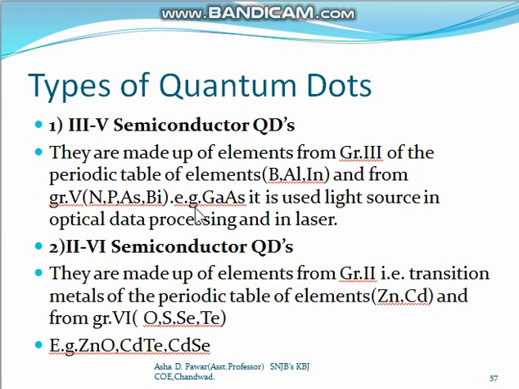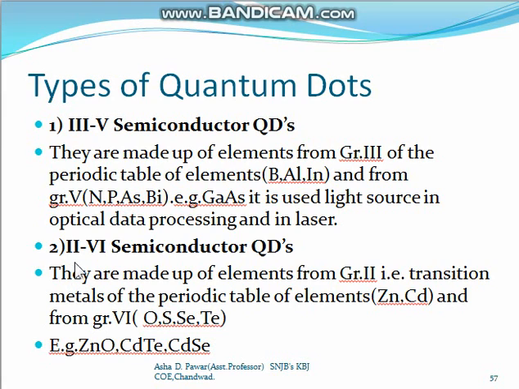And the example of this type of semiconductor quantum dots is gallium arsenide. It is used as a light source in optical data processing and in laser. Okay, means this type of semiconductor quantum dot is made up using the elements of group third and group fifth in the periodic table.